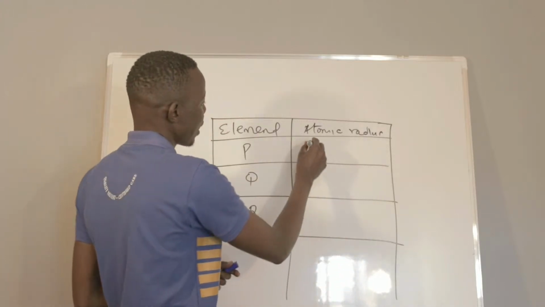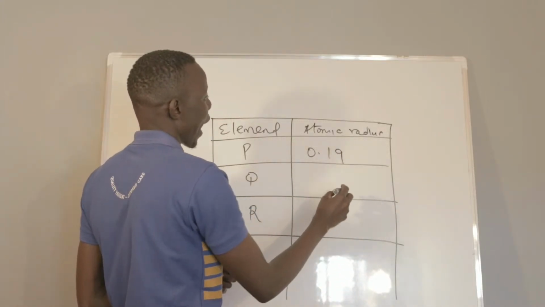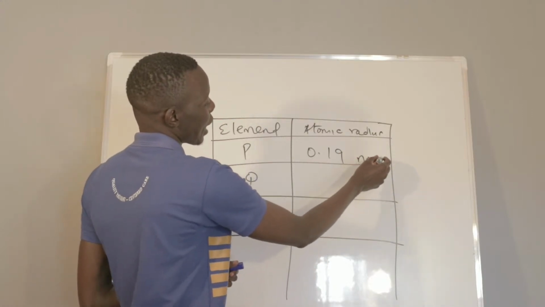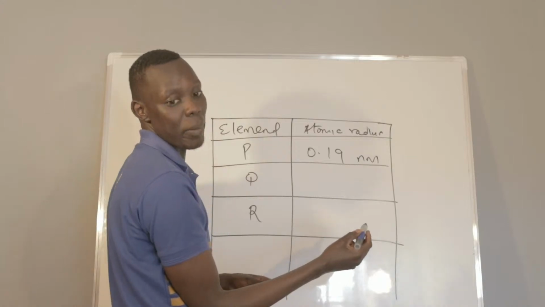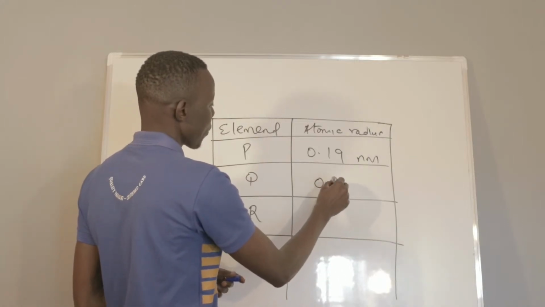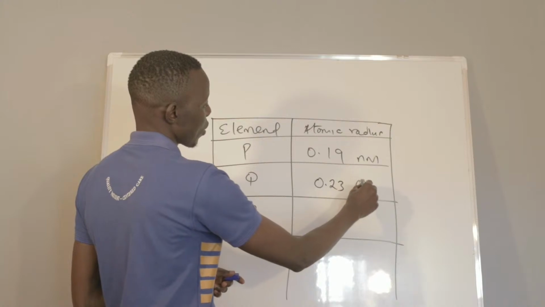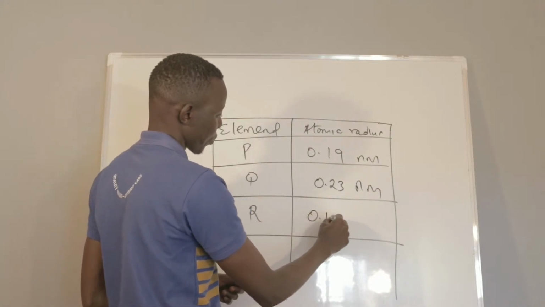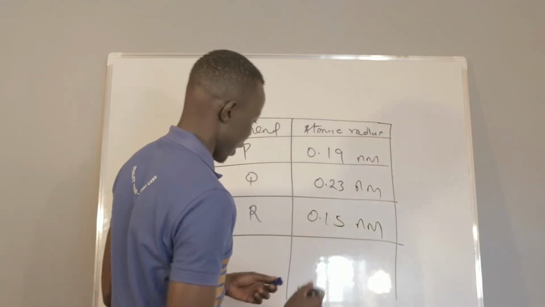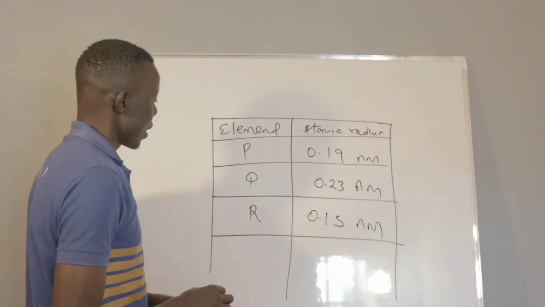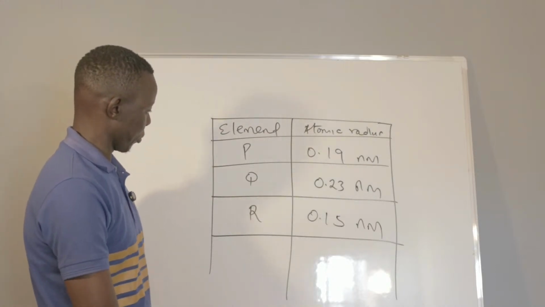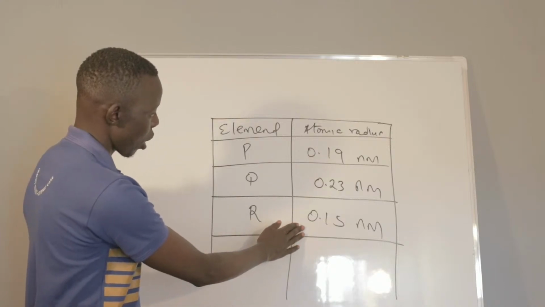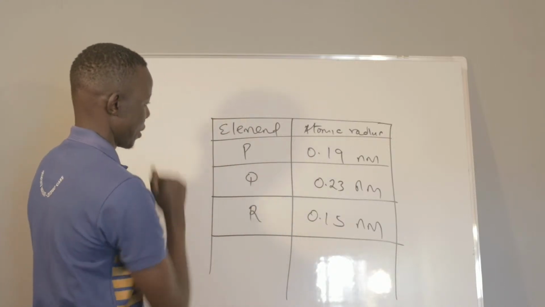P is 0.19 nanometers, nm. Very small. This is like saying times 10 power negative 9 meters. Then 0.23 nanometers, and 0.15 nanometers. We can see this is the smallest, followed by this, followed by this.